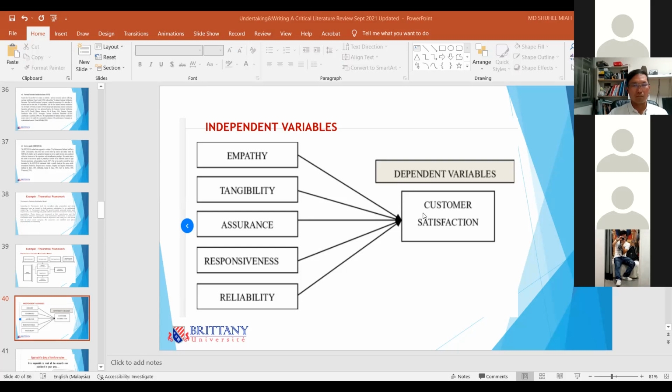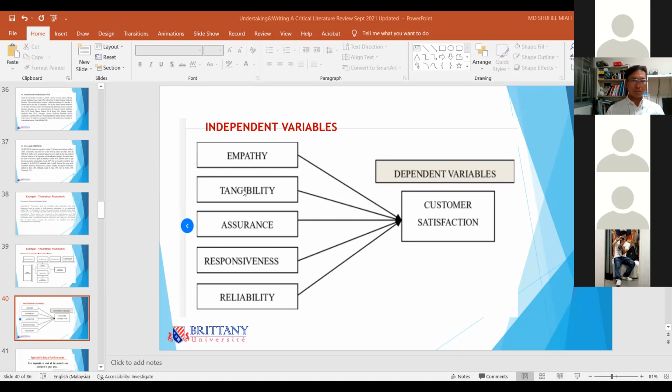You see, in order to increase customer satisfaction, you need empathy, tangibility, assurance, responsiveness, and reliability. So this dependent variable is subject to these factors. What are the factors?